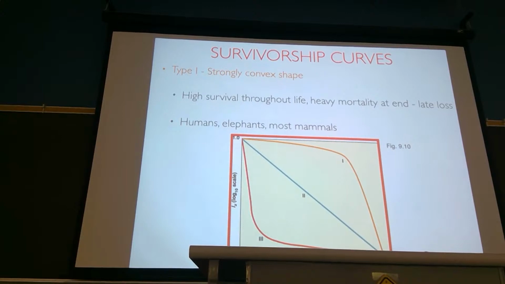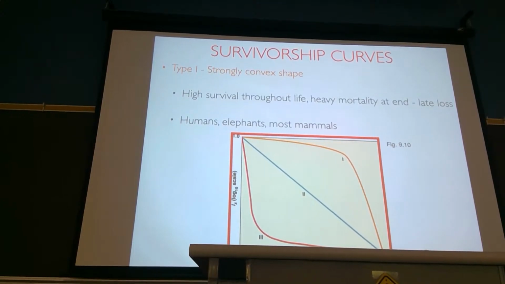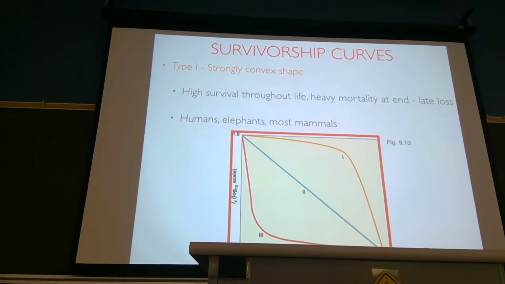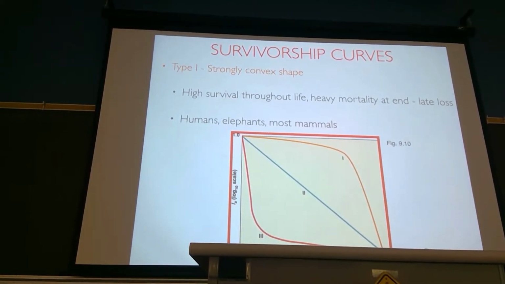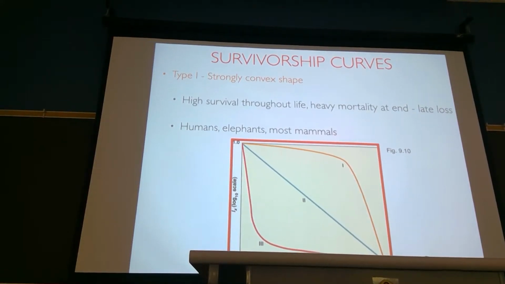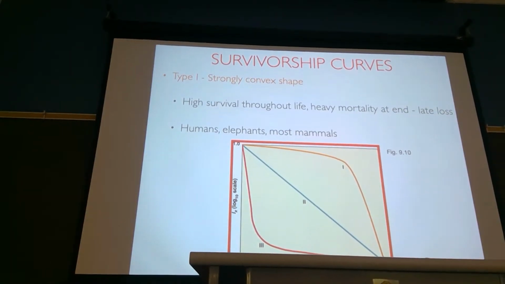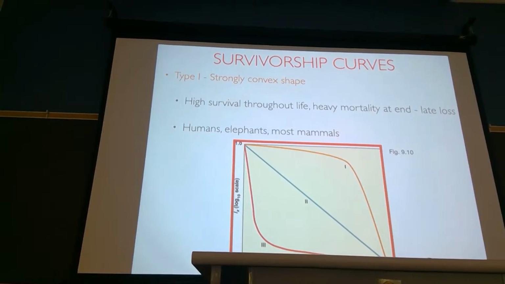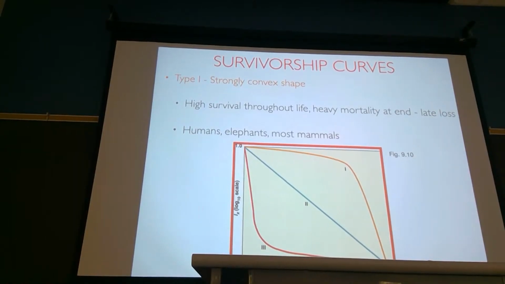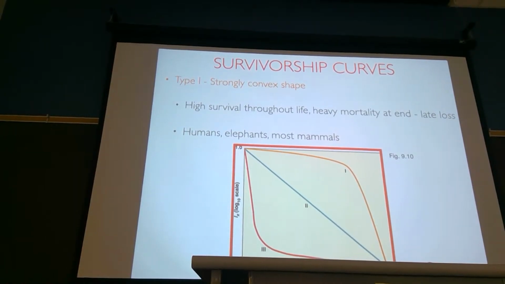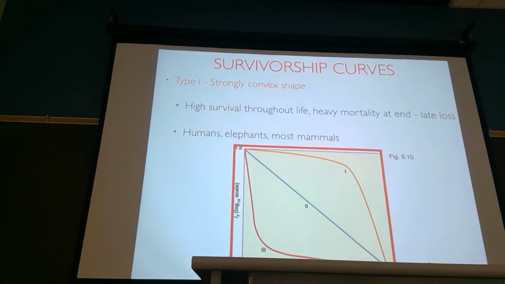They turn this corner later in life, usually just as they're transitioning out of their reproductive years into post-reproductive years, and then their mortality goes really high and lots of them start to die out. They have a strongly convex shape. Classic type 1 organisms are humans, elephants, and most other mammals like whales.